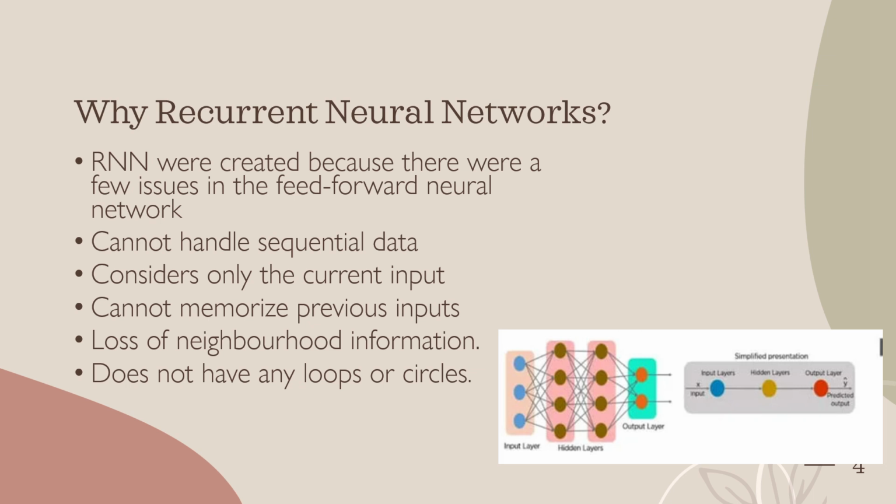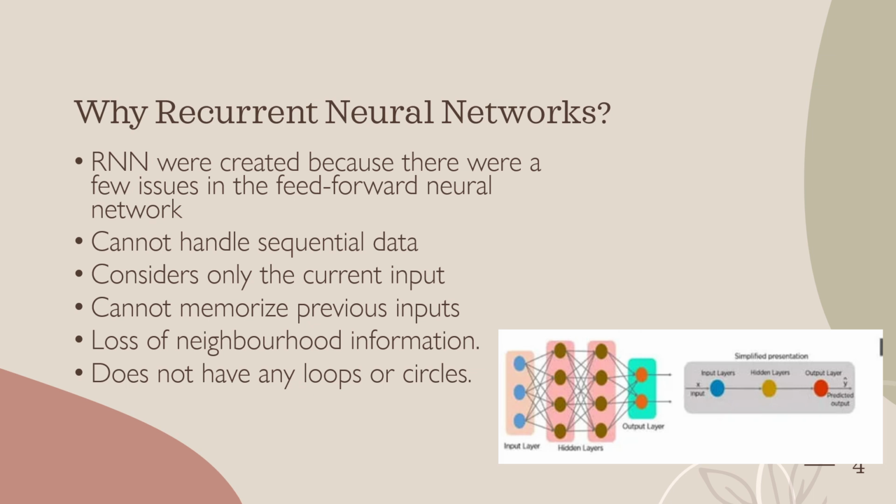The feed-forward network cannot handle sequential data, considers only the current input, cannot memorize previous input, loses neighborhood information, and does not have any loops or cycles. These are the major key points because of which we use the recurrent neural network.